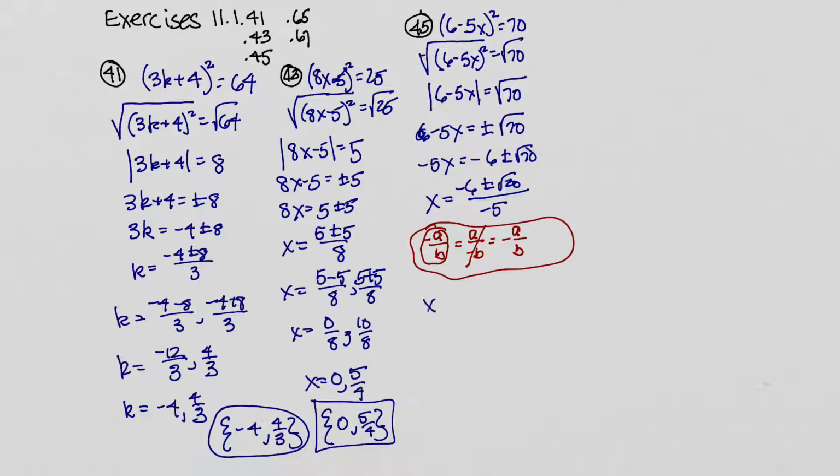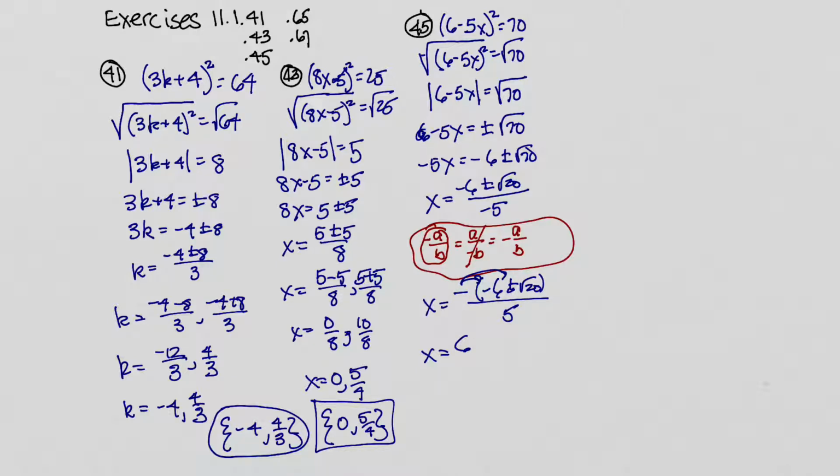So it will be x equals negative, that whole top, negative 6 plus or minus square root of 70, all over 5. And then when I bring that negative sign in, I'm going to get this. X equals 6. Now negative times positive is negative. Negative times negative is positive.